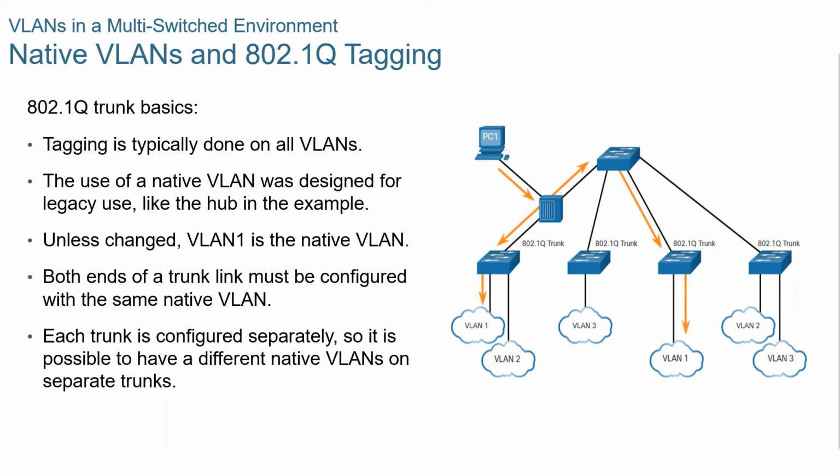Now, tagged frames on the native VLAN. Some devices that support trunking add a VLAN tag to native VLAN traffic. Control traffic sent on the native VLAN should not be tagged. If an 802.1Q trunk port receives a tagged frame with a VLAN ID that is the same as the native VLAN, it drops the frame.